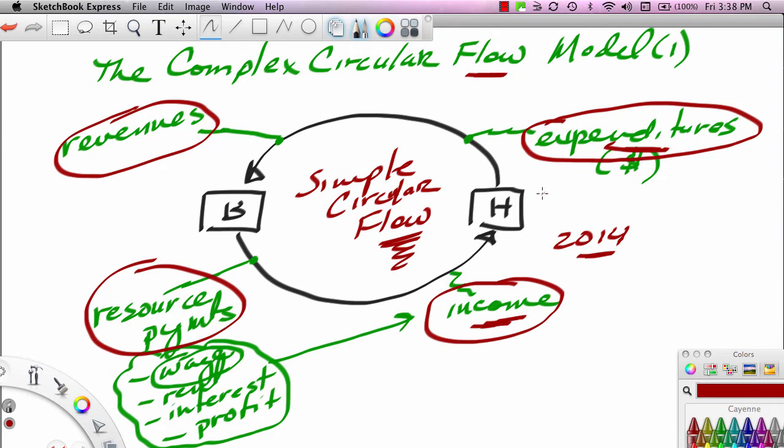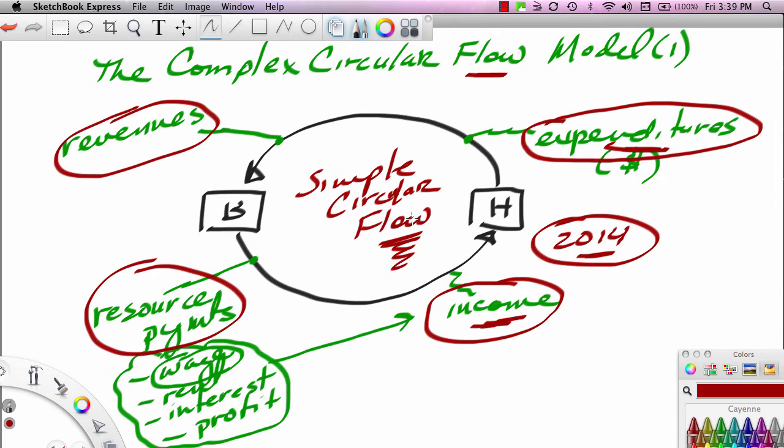That car still provides me with value. I drive it almost every day. And yet, the value of that car is not incorporated into the circular flow analysis. So only current expenditures, current income, current revenues, and current resource payments, that is, if current is 2014, only current values are included. That is very, very important to remember.